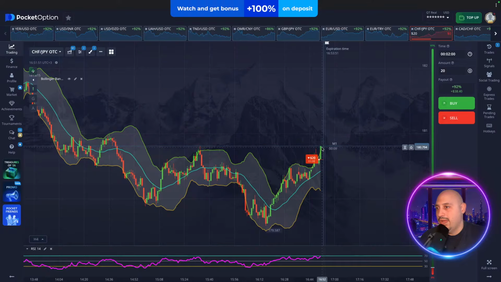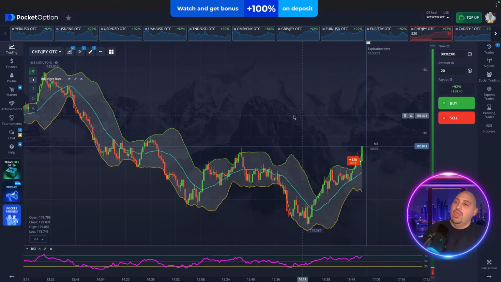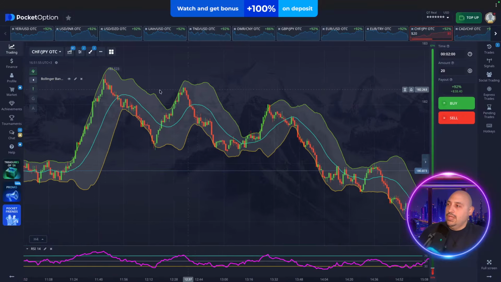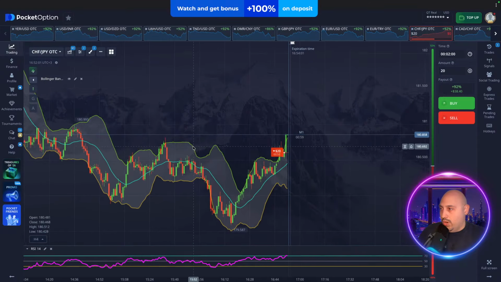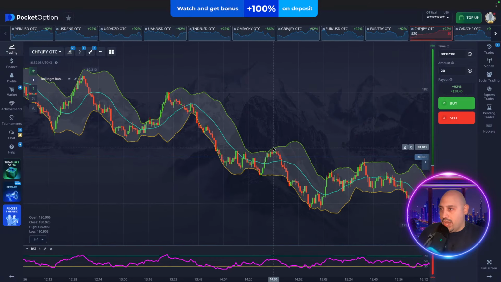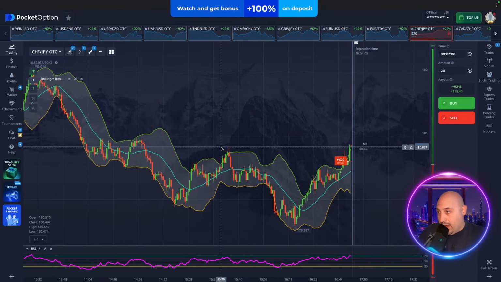There is no way I would have predicted this. Why? Take a look at this. Look at this higher high, I'd like to say. Lower high, lower high, lower high, lower high over here, lower high. And this looks like it just retested the lower high like nothing.